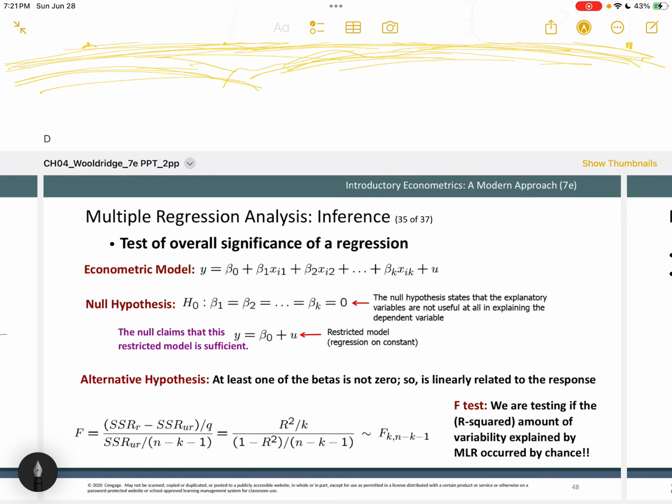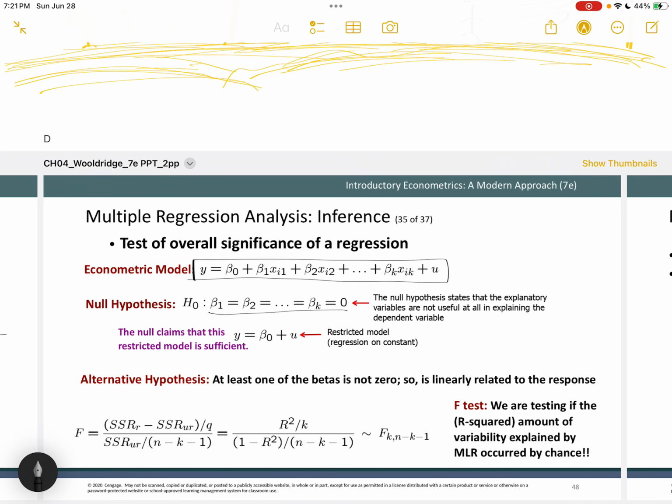Can we have an overall test to test the usefulness of the model? Yes, that's the overall significance, or test of overall significance, of a regression model. So if we have this as our econometric model, the null will say that all the betas are 0.